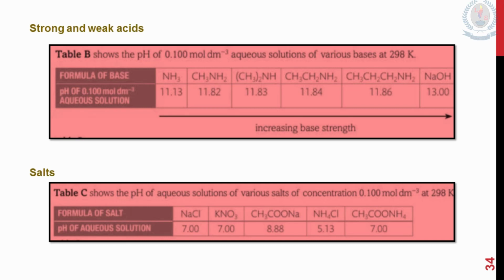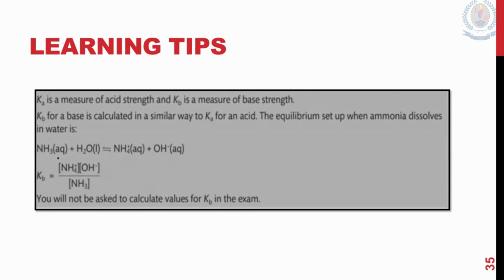Okay, that is about salts. The pH values of aqueous solutions of salts depend on the acids and bases that react to form the salt. So let's move to the other slide. There is a small learning tip. Please go through that.